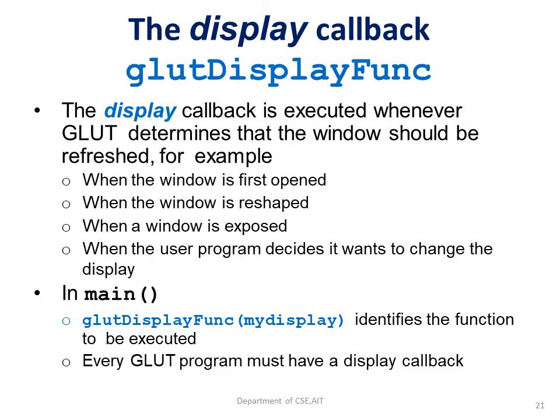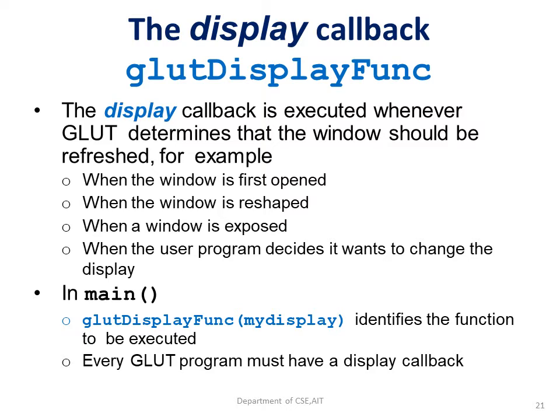The display callback is executed whenever a window has to be modified. So whenever it is first opened or reshaped, made big or small, whenever a window is brought to the foreground or to the background, and whenever the program changes the display, in all these cases we make use of the glutDisplayFunc. The glutDisplayFunc will be present in main.